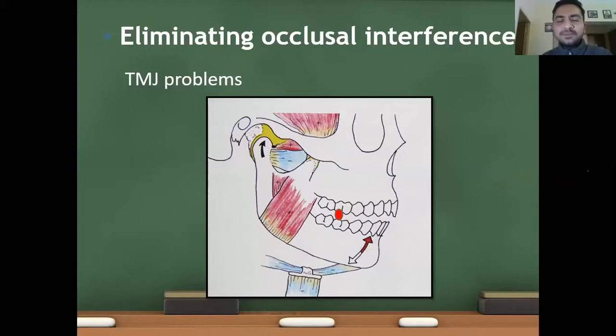We do not have very good evidence regarding malocclusion and temporomandibular joint disorders, but TMD cannot be ruled out. There is a possibility that if there are occlusal interferences, the patient could end up with temporomandibular joint problems. So point number 5, I should say, is eliminating occlusal interferences is a part of preventive orthodontics.